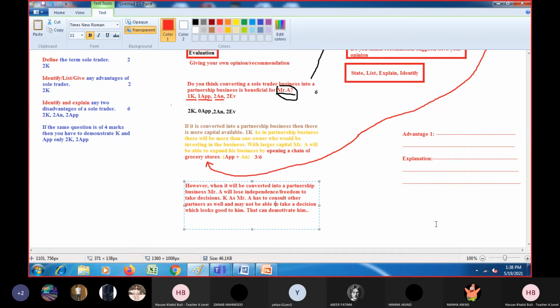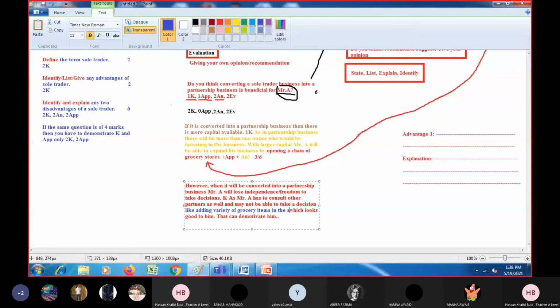If I write, and may not be able to take a decision, now I'm adding it here by using a different color, adding variety of grocery items in the stock. Now, this is purely an application because here we are talking about grocery items.